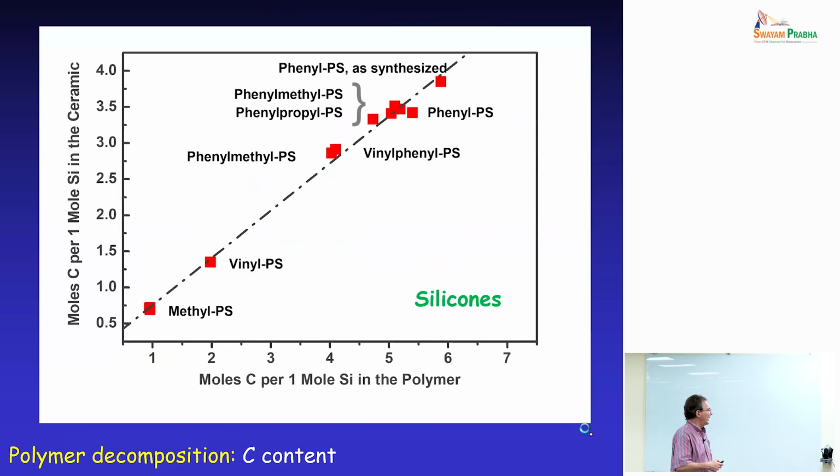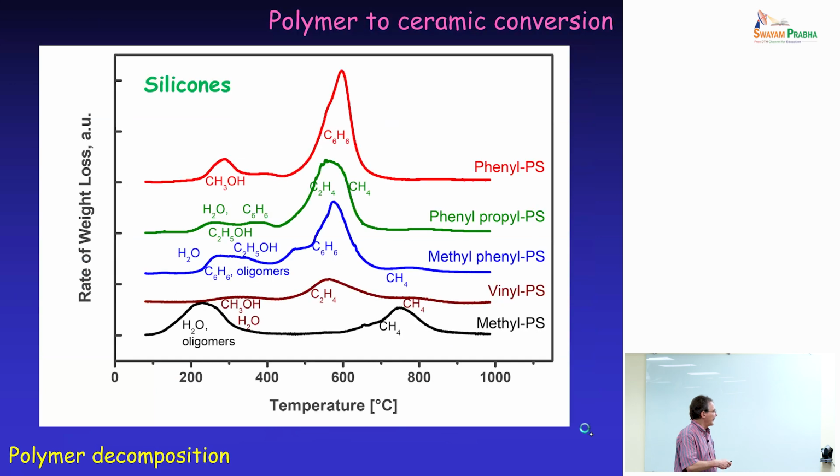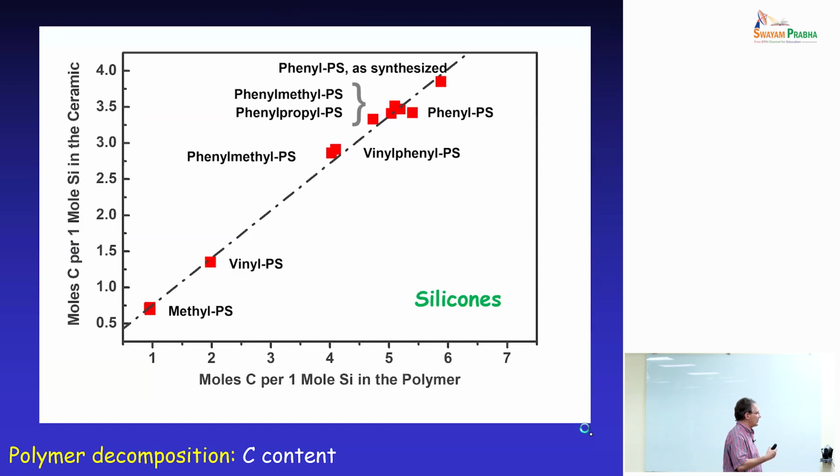So all these transformations, all this gas release, occurs with shrinkage and weight loss. And you have to make sure that you do not generate cracks during pyrolysis due to these stresses related to the release of gas.